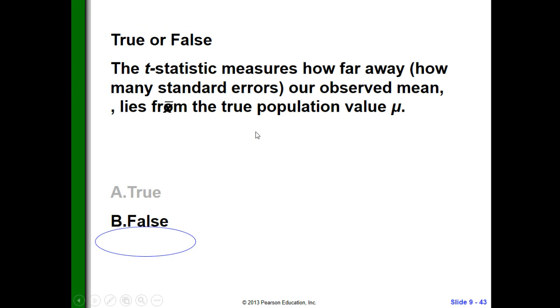It's not from the true population value mu, it's our hypothesis. It is from mu zero. Boy, you've got to read these very carefully. The T statistic measures how far away, how many standard errors, our observed mean X bar lies from the hypothesized population value mu zero. There we go.